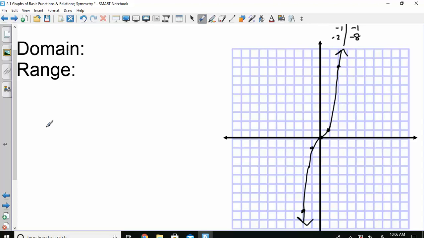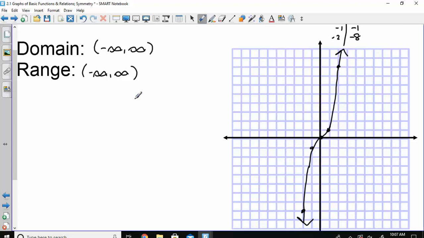So, domain. As we go from left to right, this will keep going in both directions. And the range: this end's going down forever, that end's going up forever. Alright, increasing, decreasing, constant.